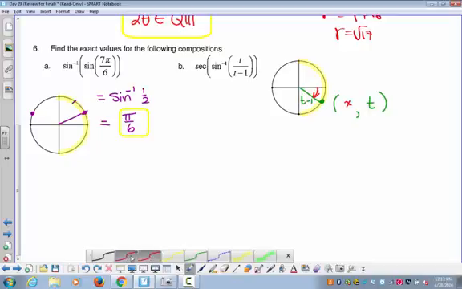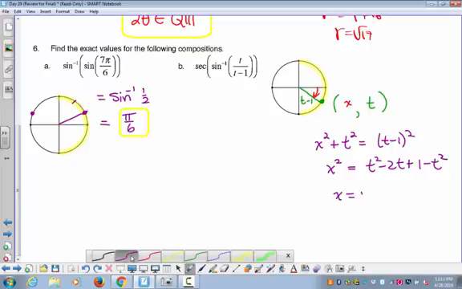Y value over the r value. Well, we don't know what that x is, so we have to find it. So x squared plus t squared will be t minus 1 squared. That tells us that x squared is going to be, I'm going to FOIL this out. So x is going to be the positive square root. We're on the right side of the circle, so it's got to be a positive square root. X has to be a positive number.